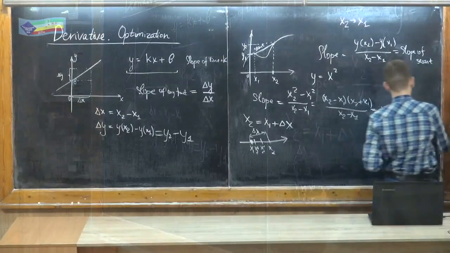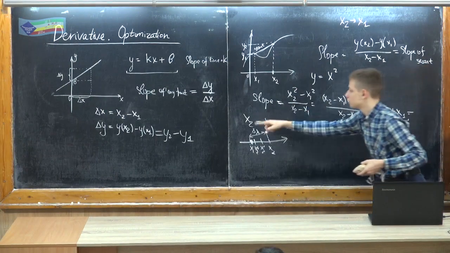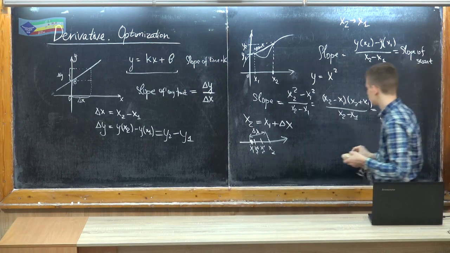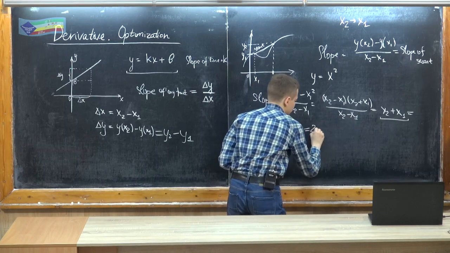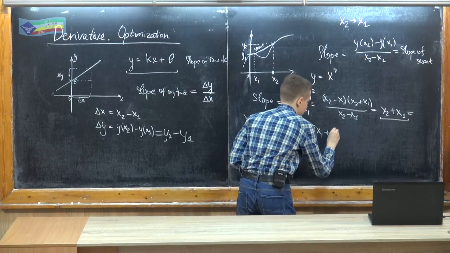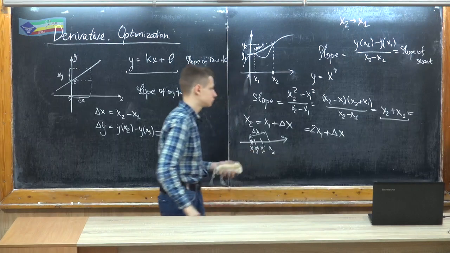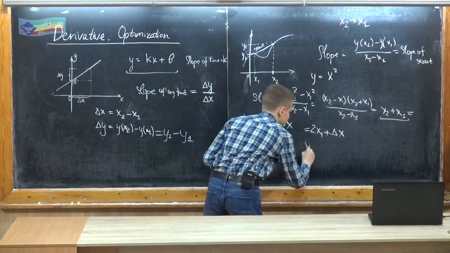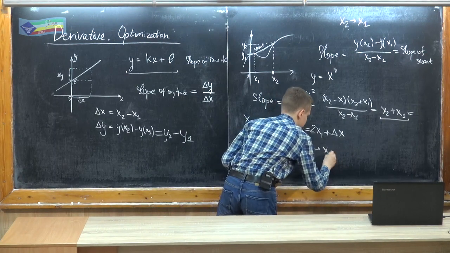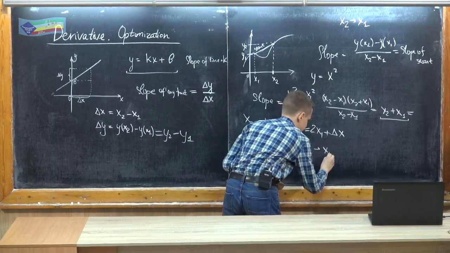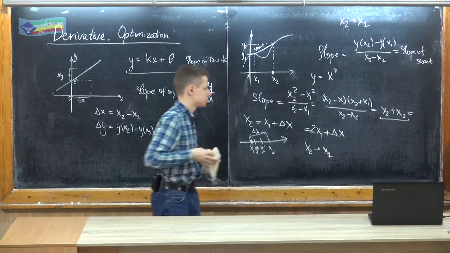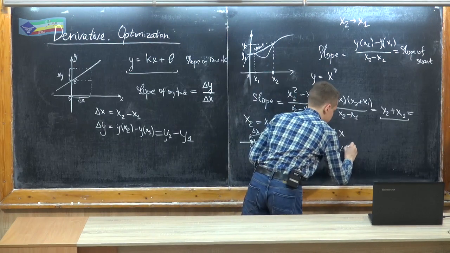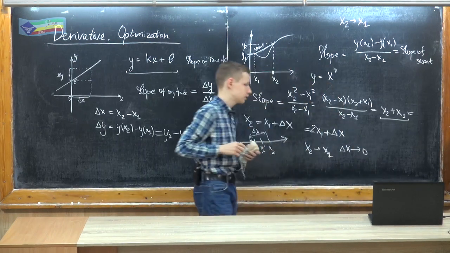So now we can substitute this equality here and get that it's equal in fact to 2x1 plus delta x. And if x2 is getting closer and closer to x1, in that case delta x is getting closer and closer to 0.